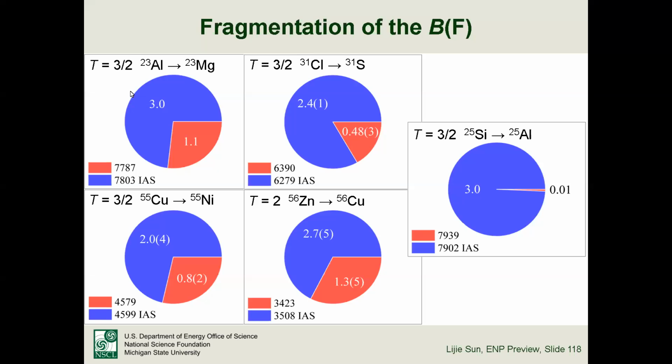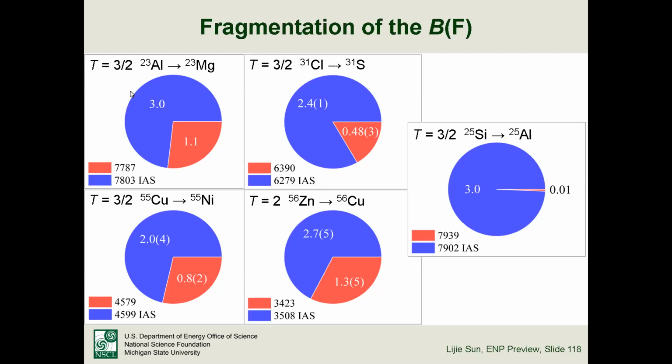And here 0.01 is the strength just provided by the Shell model calculation. And this 3.0 is the Fermi strength we derived from our experimental data. The uncertainty I didn't put here is 3.0 plus or minus 0.5. So this means the fragmentation of the Fermi transition strength in silicon-25 in this case is quite small.